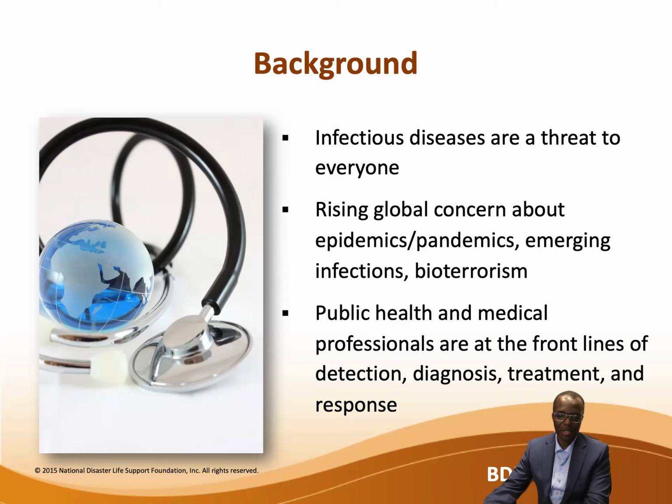A pandemic is an epidemic that has spread through human populations across a large region, such as influenza. Emerging infections are infections that are newly recognized as occurring in humans, although they can also affect animals and plants.